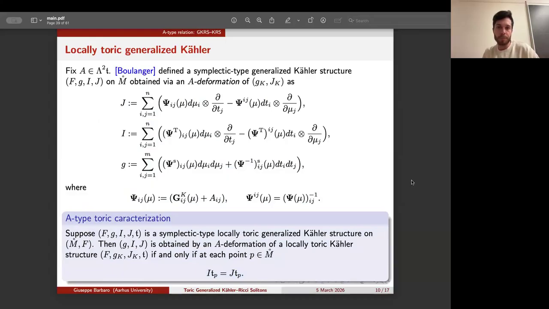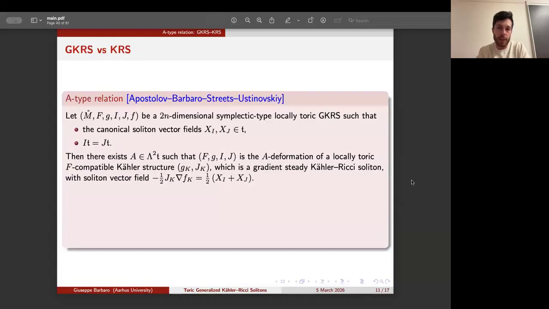Okay, so now I can state our main theorem. Suppose you have a symplectic type locally toric generalized Kähler Ricci soliton. Now we ask for the two vector fields given by the soliton to be among the abelian symmetries that we are considering. And we ask for this condition, the A-type deformation condition.